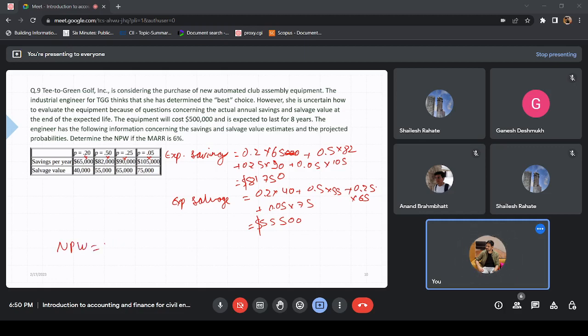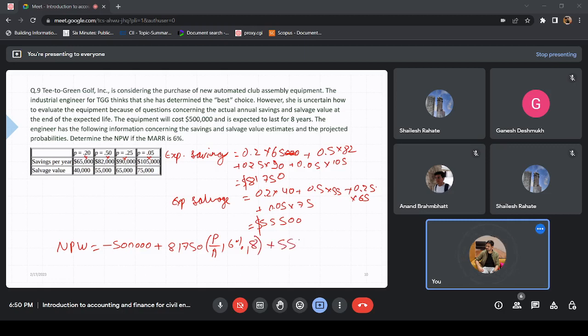So NPW, what would be the NPW? It would be the initial cost is 500,000, right? Plus 81,750. This is A, so P given A, i is 6%, and life is 8, and this becomes what?